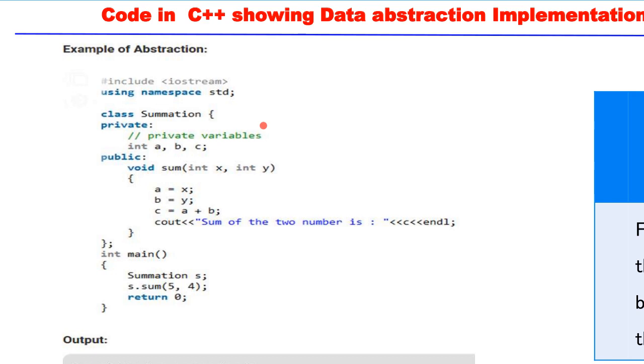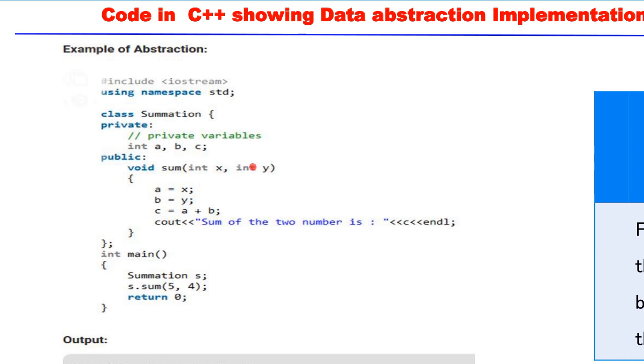Again, almost the same. We declare our private members, whereby we have private int A, B, and C. Then we have our function in the public sector of the class summation. We have a function called void sum, and the void sum will be used for getting the communication and doing the computation. Then in void sum, we open a bracket and we declare two variables, int x and int y, which are normally called parameters.